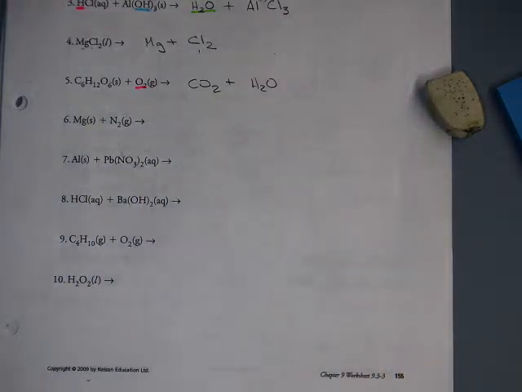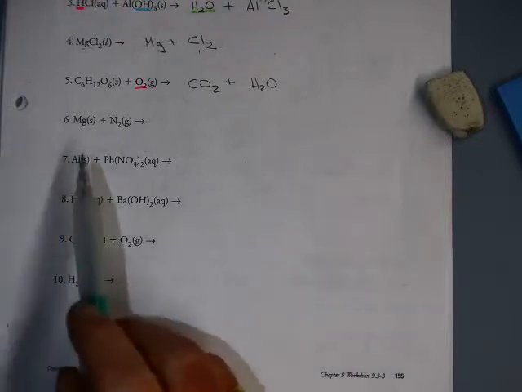This is what's going to happen. If you know the types of reactions, this is like falling off a log backwards. The rest of it is you just follow your normal strategies for balancing equations. Bob's your uncle. They'll come out really nice and tidy.